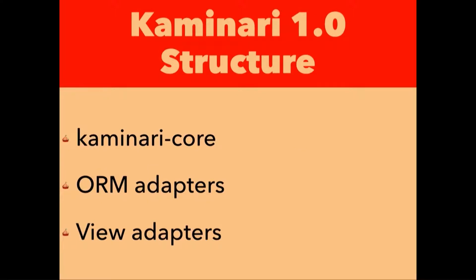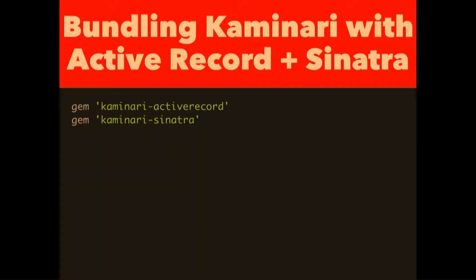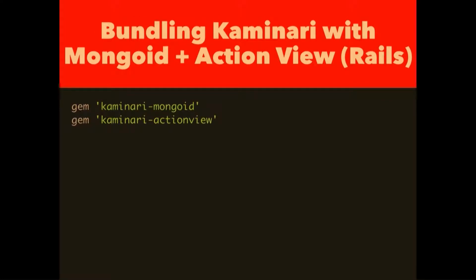So this is the structure of the next generation Kaminari. These are all separate gems: Kaminari core, DB adapters and view adapters. For example, if you want to bundle adapters for Active Record and Sinatra, your Gemfile will be like this. Here's an example of bundling the Mongoid adapter and the Action View adapter.